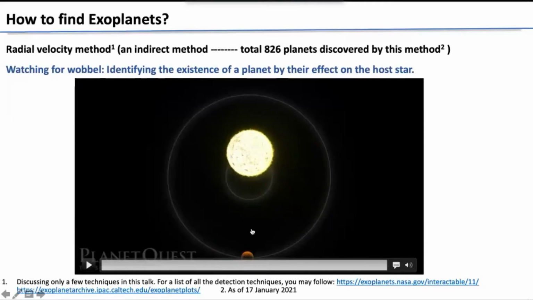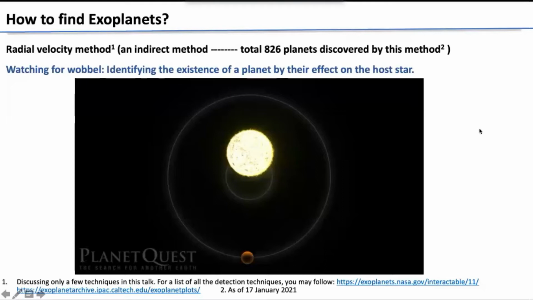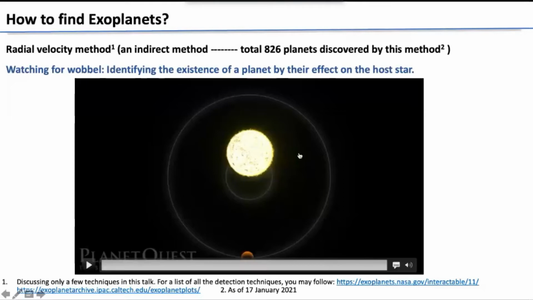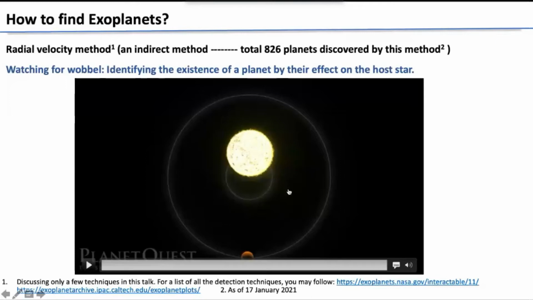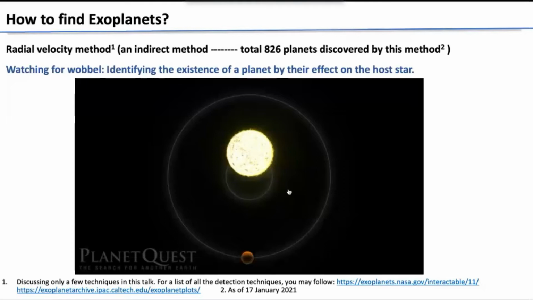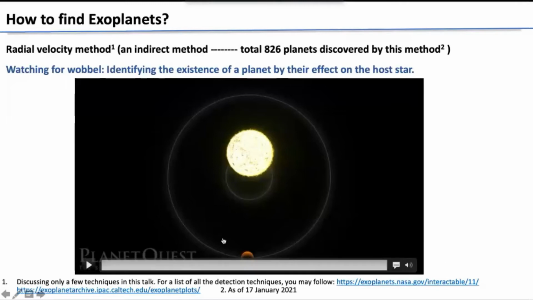So you basically look for the wobbly signal of the star to see if there is a planet around it or not. Sometimes you don't have success right away, and you observe this Doppler shift for years and years to disentangle the signal.